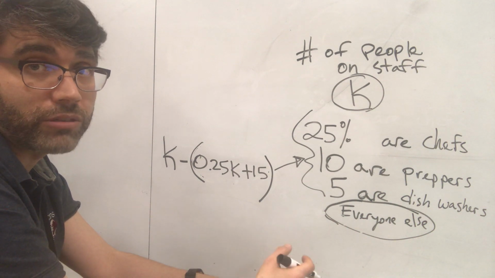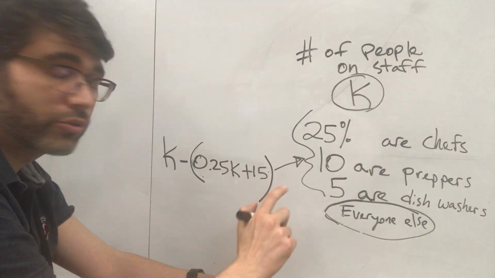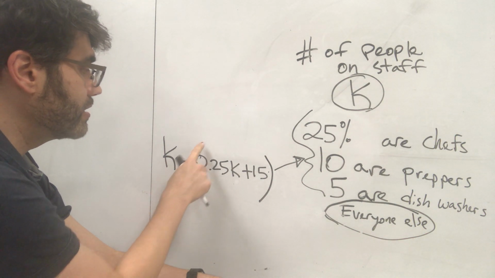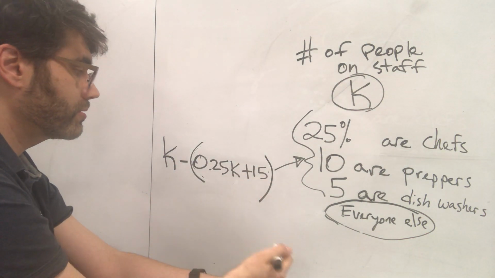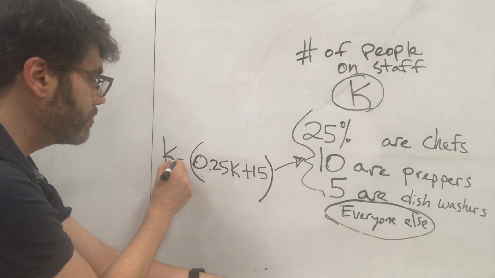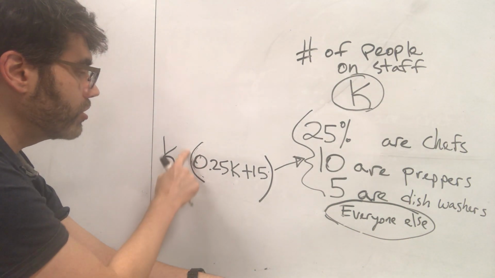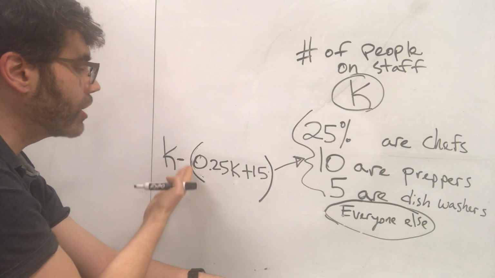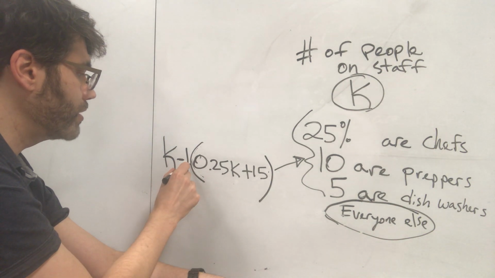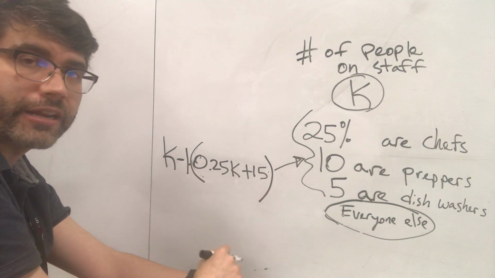I need to distribute. This is super crucial. Do you see that this negative is basically touching this parentheses? So this negative out here, I'm going to put it right over here, because there really is also a 1. Whenever you don't see a number here, you can always put a 1. 1 times anything just gives you what that anything is.